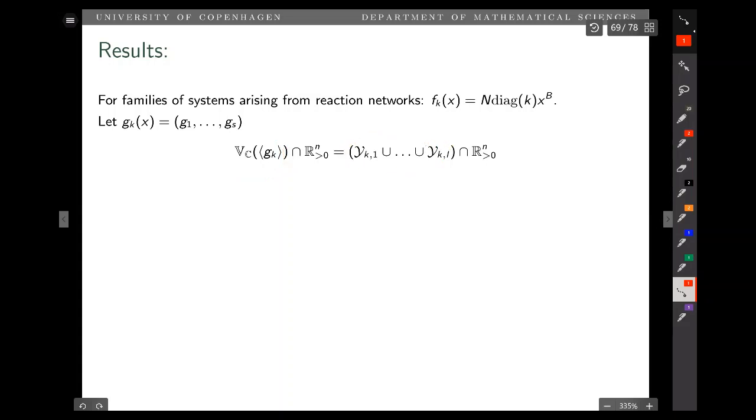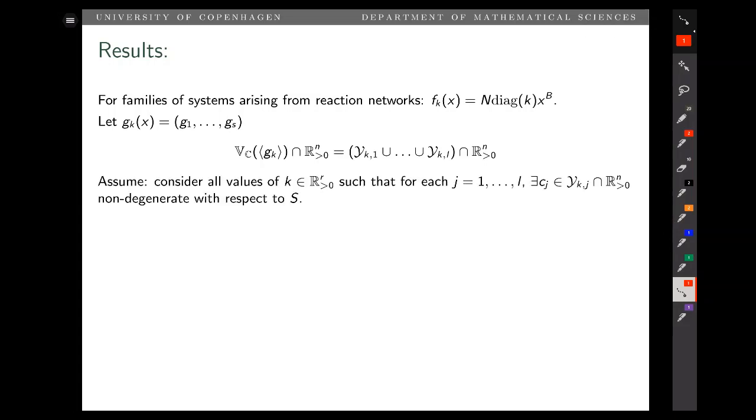I don't need to compute it. I just know that it exists. For all k such that it makes sense to use the former criteria, so for all k such that in all the irreducible components I have a non-degenerate point with respect to S, I can use the former criteria.